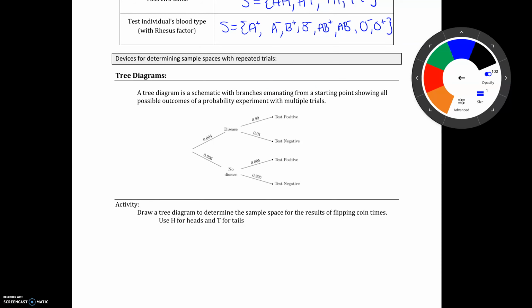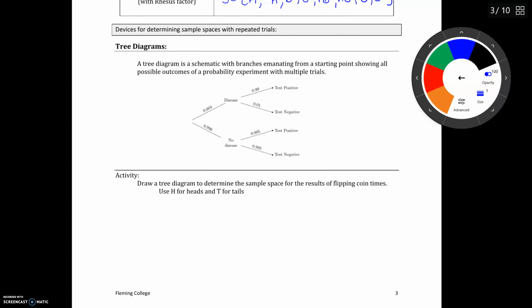One of the ways we can organize ourselves is to make what we call a tree diagram. This will also come up again in the next set of notes when we talk about calculating probabilities for repeated trials. A tree diagram is a good way of tracking those.